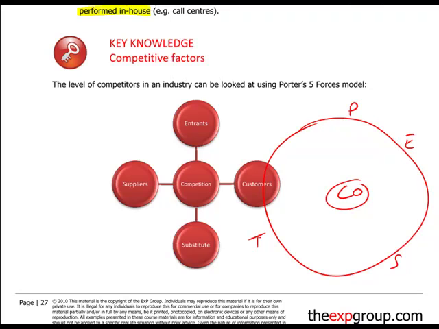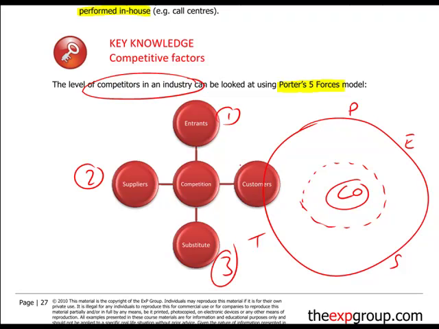It looks at competitors within an industry. As the name suggests, it's called Porter's 5 forces. It means there are 1, 2, 3, 4, 5 forces that impact on an organization.